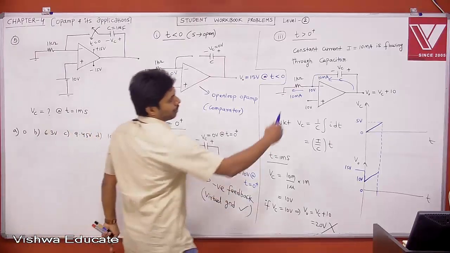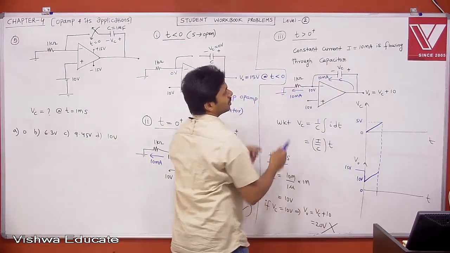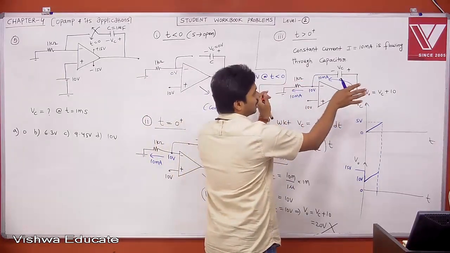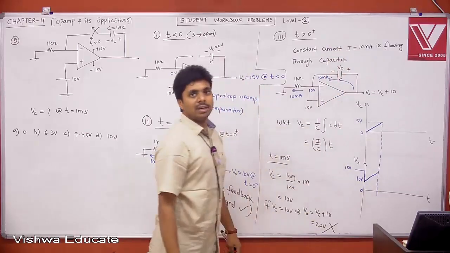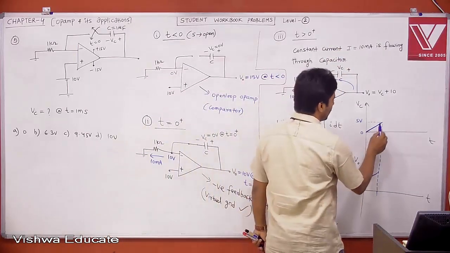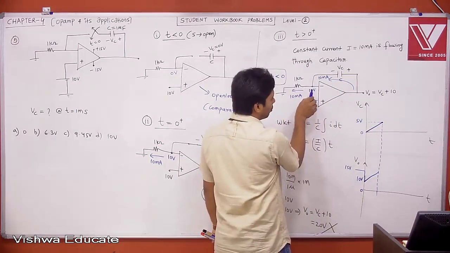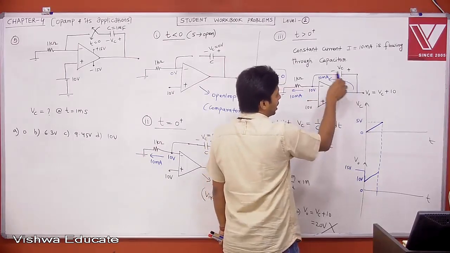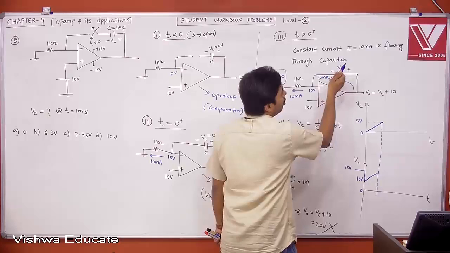It cannot supply the current anymore. Then the capacitor will be like an open circuit, and there is no current flowing through it. From this point onwards, this 10 volt won't be there, because it cannot pass the current of 10 milliampere. Slowly, it is like an open circuit.